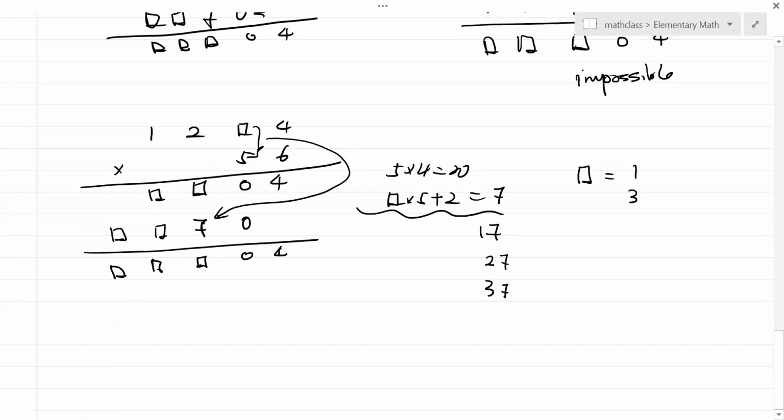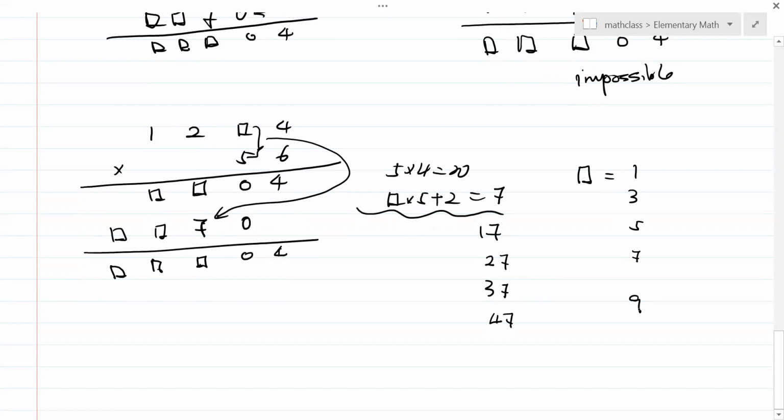So there are many choices. There are many choices, right? And then the corresponding numbers will be, if it's 27, that will be 5, right? If it's 37, that will be 7, okay? If it's 47, it's going to be 9.